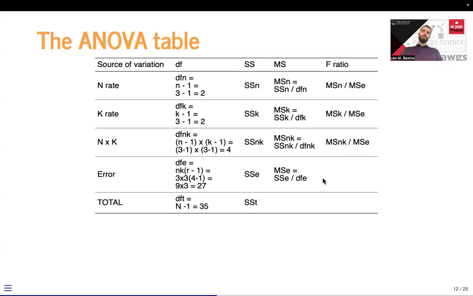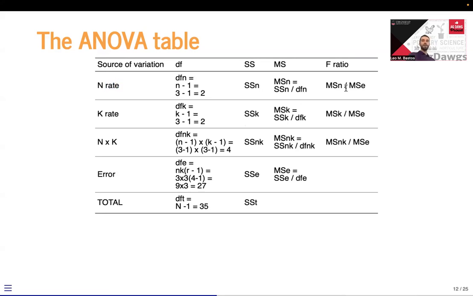Okay, so after we calculate the F ratio, the smaller this number is, the less evidence you have that that effect is significant. The larger this number is, the more evidence you have that this effect is significant in your model, right?